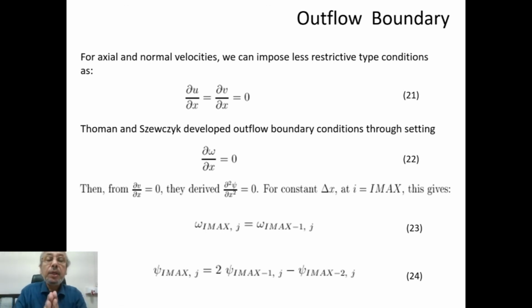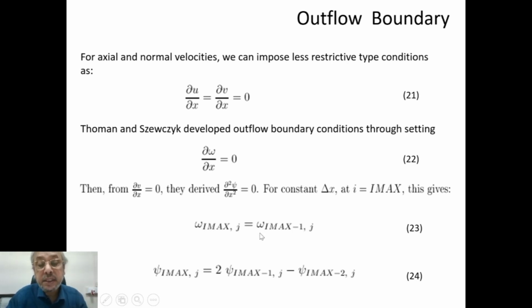So u and v will just follow what we have written for omega: I max, j equal to I max minus 1, j for omega, for u, for v.